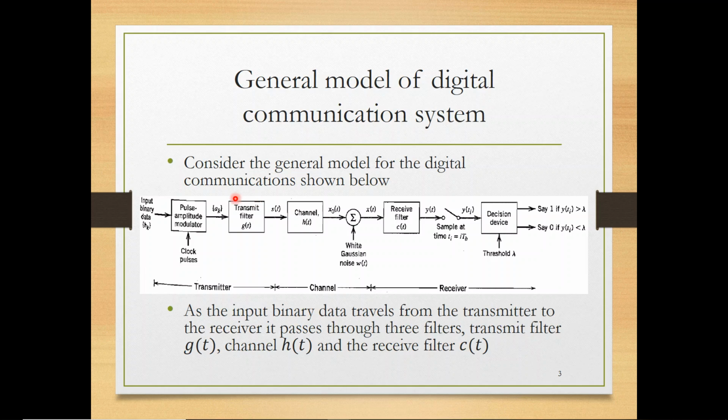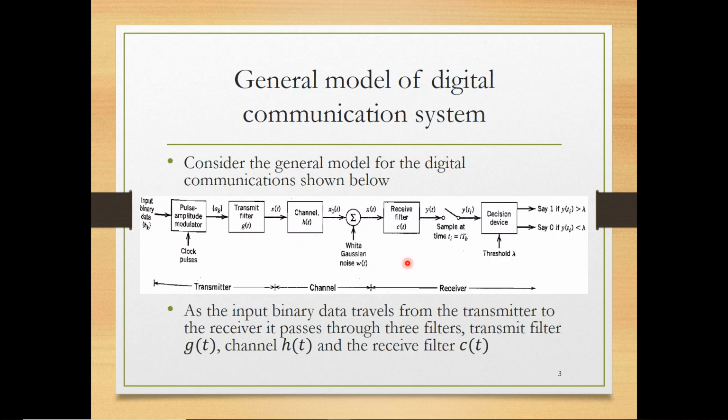We call the transmitter filter the first filter, the channel is the second filter, and the receive filter is the third filter. So what's the total response of this system? The total response of this system is c(t), which is g(t) convolved with h(t) convolved with c(t). This is the total response of the system.